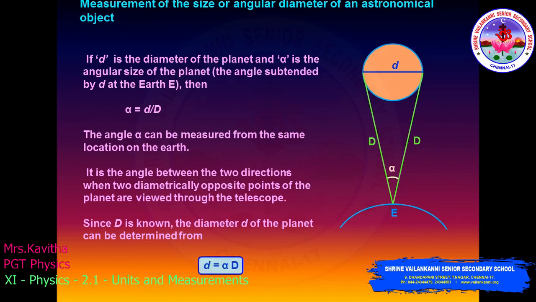Since D is known, the diameter, the small d of the planet, can be determined from theta equal to what we said, arc by radius, so small d by capital D. From that we can easily calculate small d, which is equal to alpha into D. That means linear diameter is equal to distance into angular diameter. Right? Understand, children? Thank you, students.